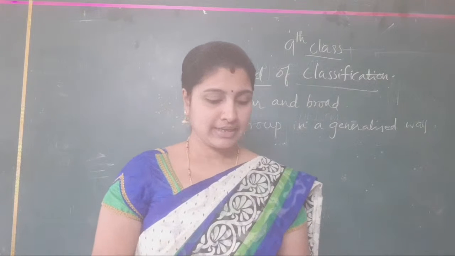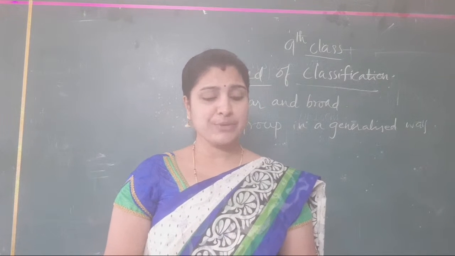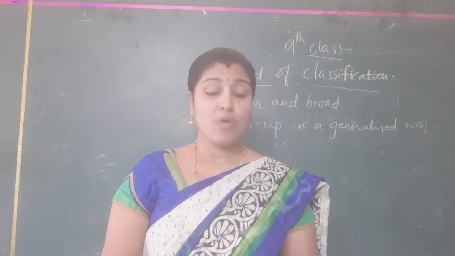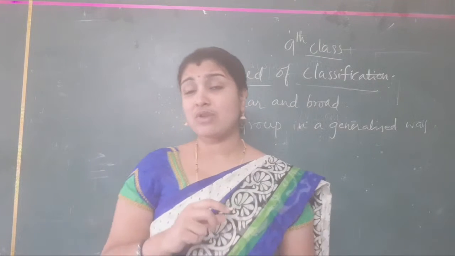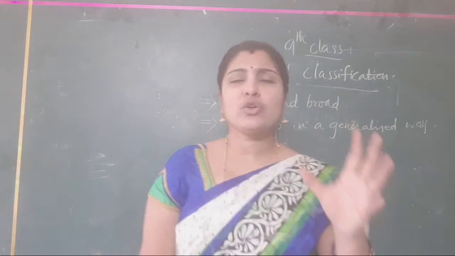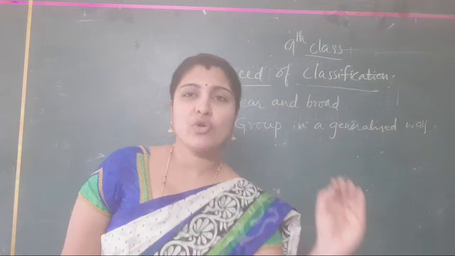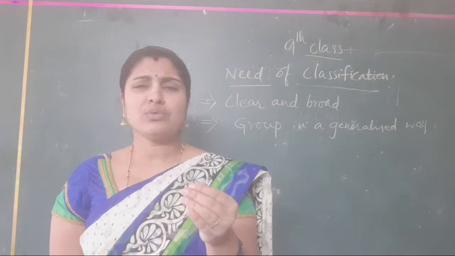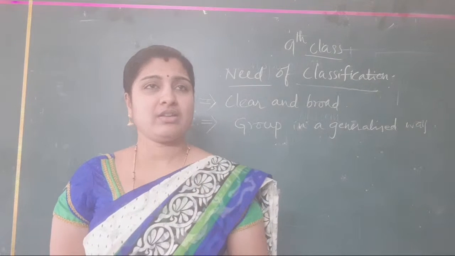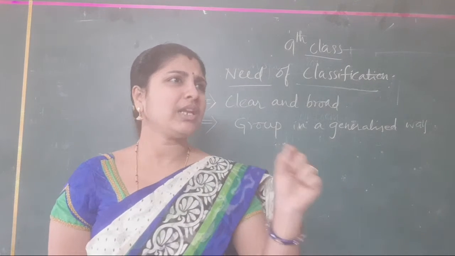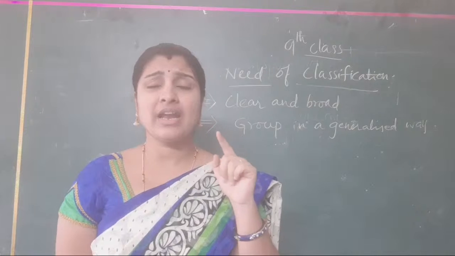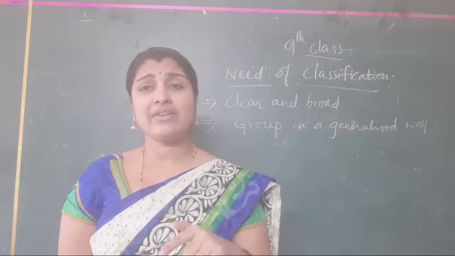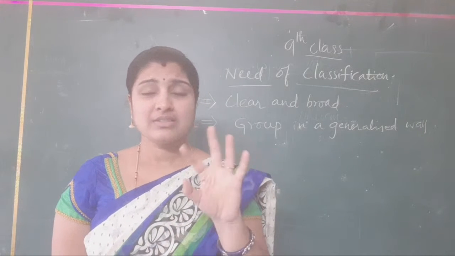Next one, classification makes our study more focused. Means what? If you want to group a plant as monocot or dicot, you will be focusing on each and every point. If a plant is having only one cotyledon and reticulate venation, you will be somewhat confused.